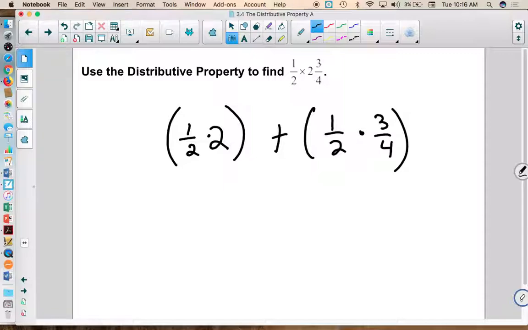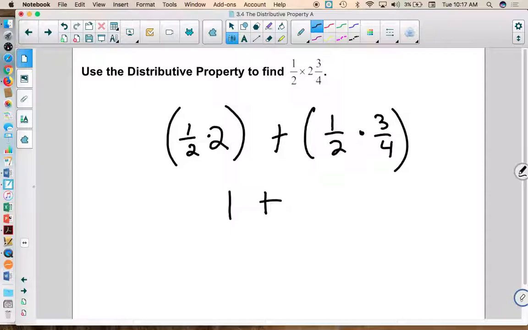Okay. So what's 1/2 of 2? Yeah, what's half of 2? 1. What's half of 3/4? Or 1/2 times 3/4, Cashton? When you multiply these together, what do you get? 3 what?